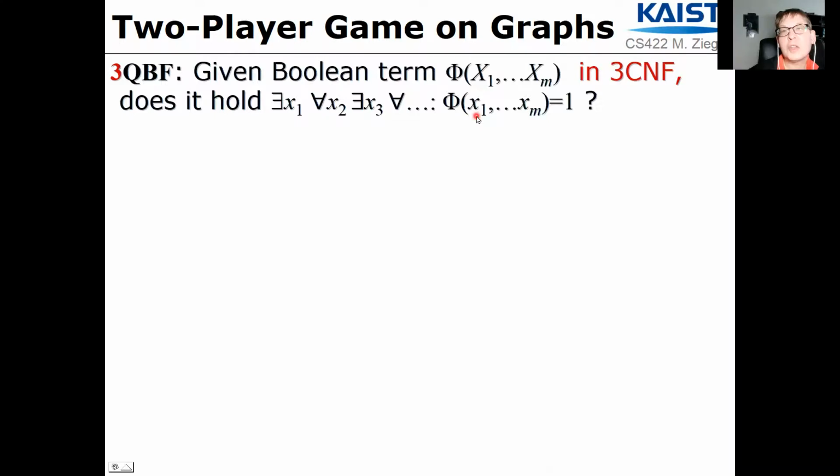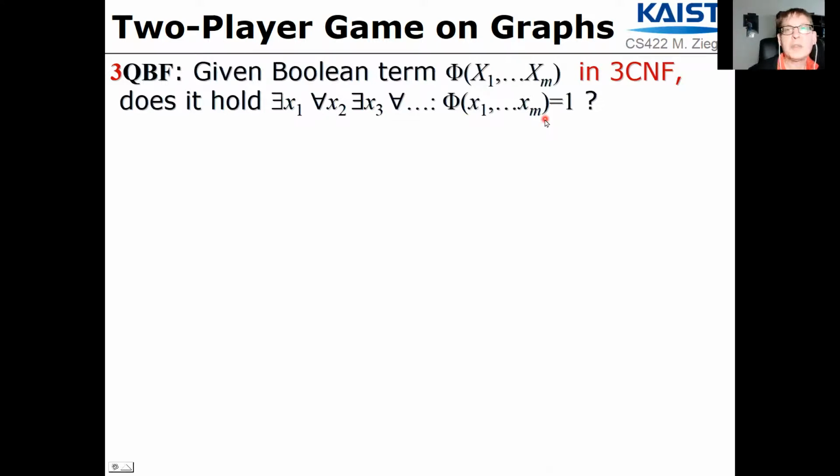So long story short, quantified Boolean formula as a decision problem is polynomial time equivalent to 3 quantified Boolean formula, namely the truth of such expressions with alternating Boolean quantifiers, where the part after the quantifiers must be in 3 conjunctive normal form.